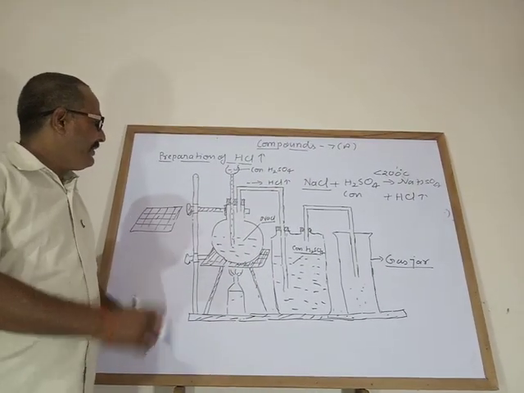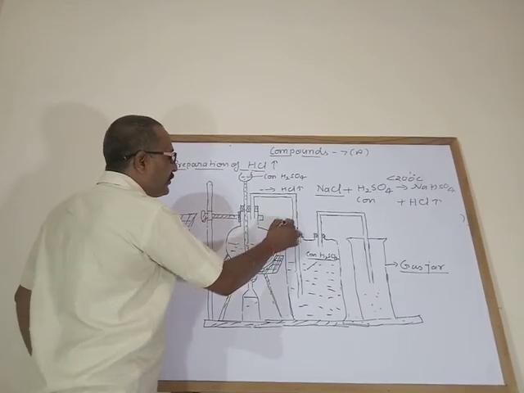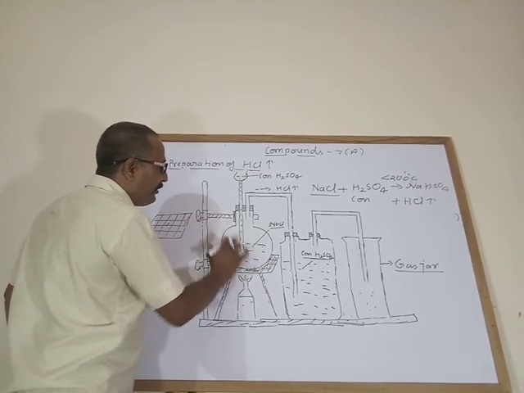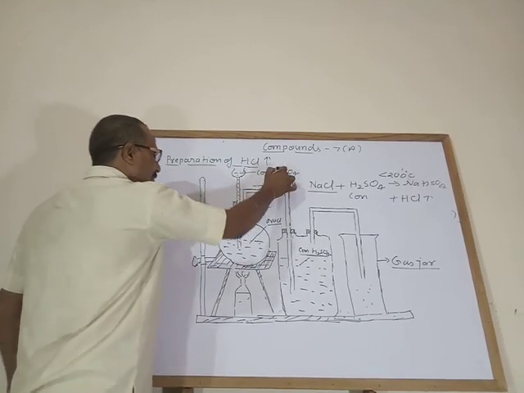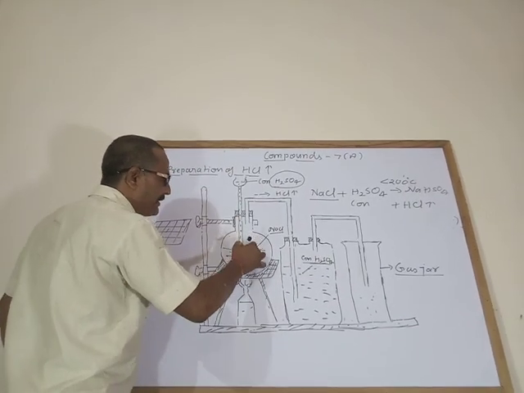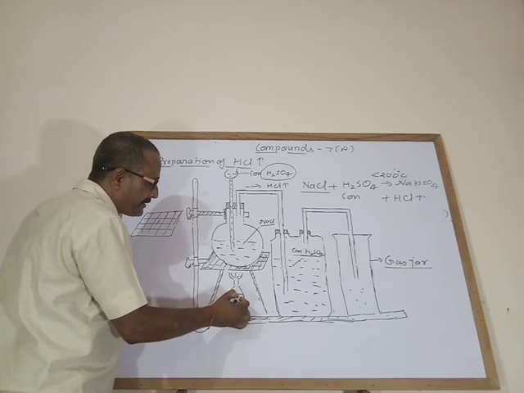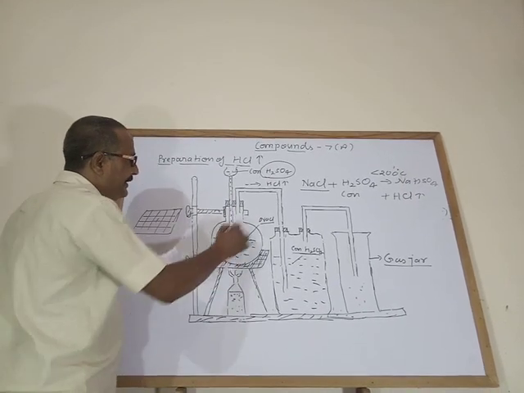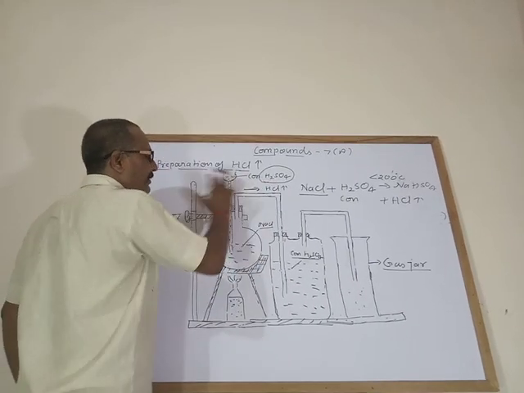Now, sodium chloride is in the round bottom flask. With the help of the funnel, we add pure concentrated sulfuric acid. The Bunsen burner is heating here, and hydrogen chloride gas evolves.